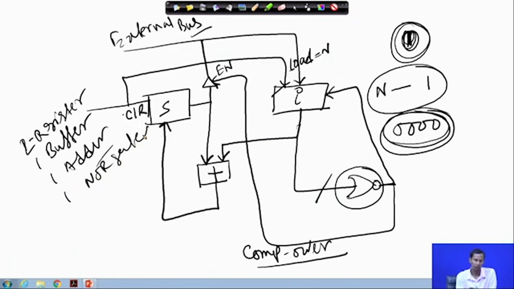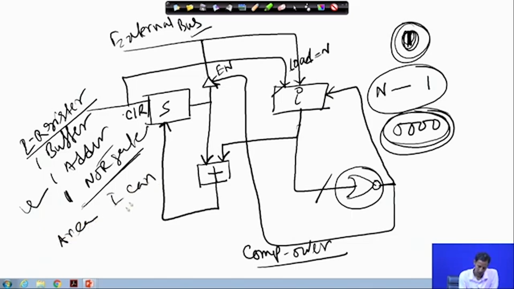So, now I can reduce 1 register, and in comparison to the comparator, 1 NOR gate also requires fewer hardware resources. So, area-wise I can save just by a simple trick.